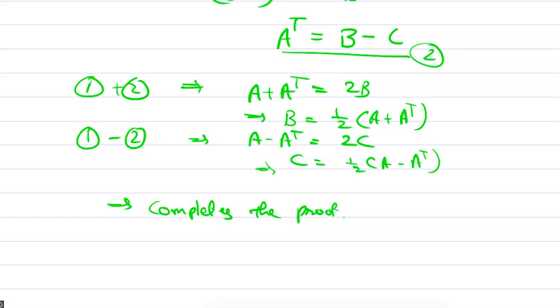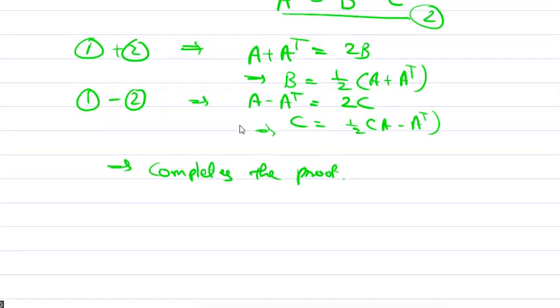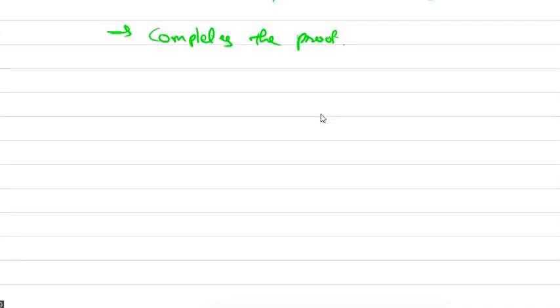Whenever we write a matrix A as a sum of symmetric and skew-symmetric matrices, this is the unique representation. Similarly, for complex numbers, we know something like the conjugate.